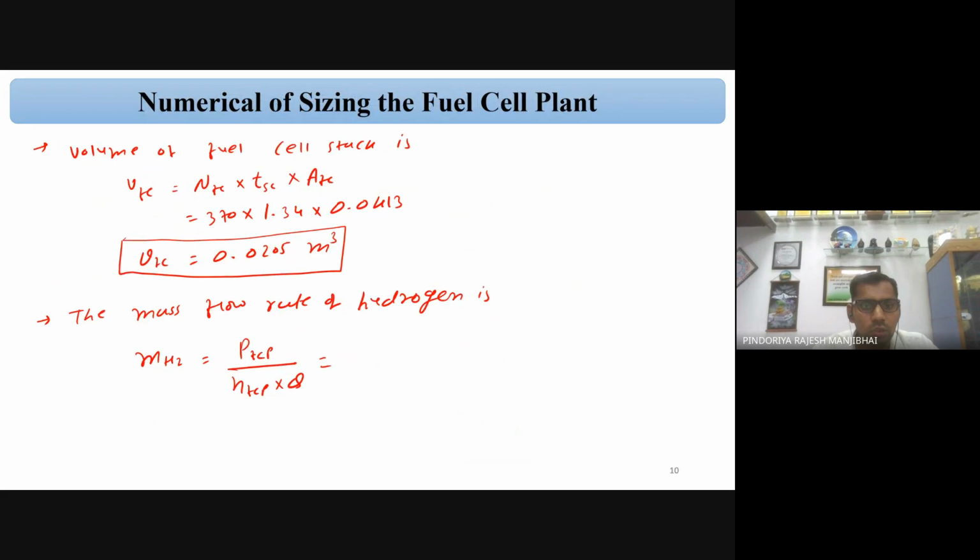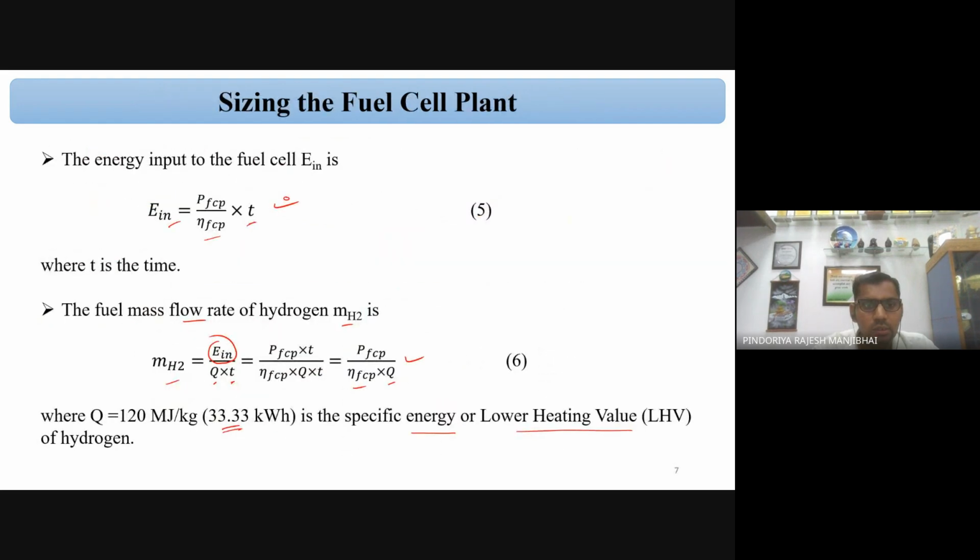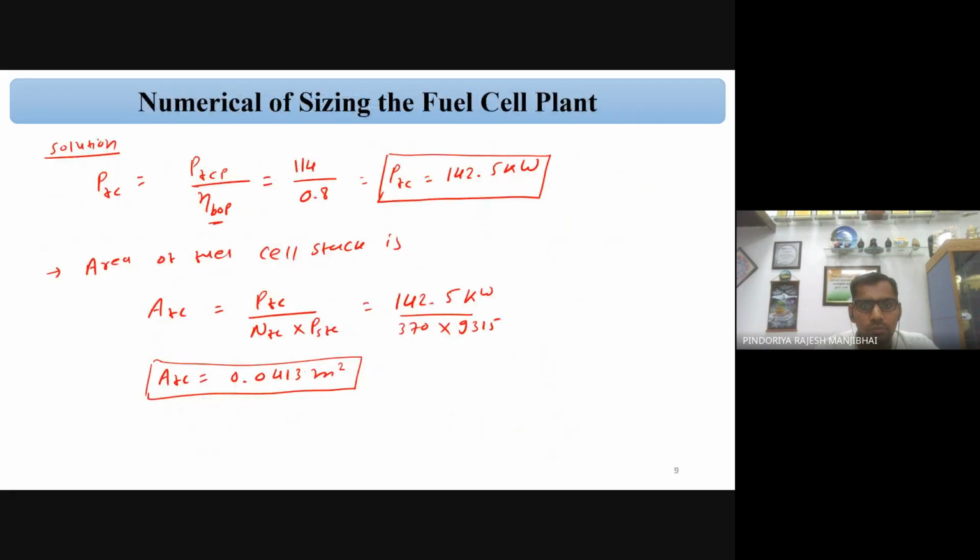So we can put all the values: 114 kilowatt divided by efficiency 0.5325 into Q value 120 megajoule per kg. Otherwise, you can convert to 33.33 kilowatt hours.